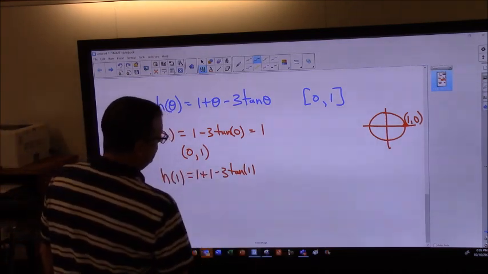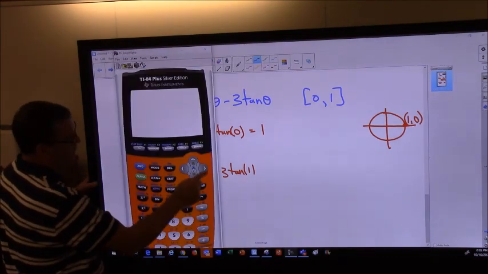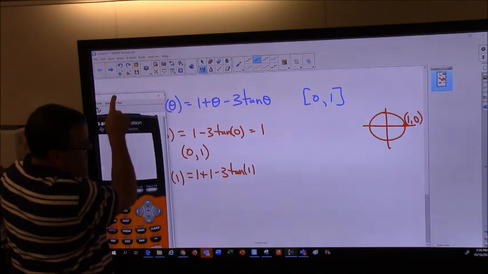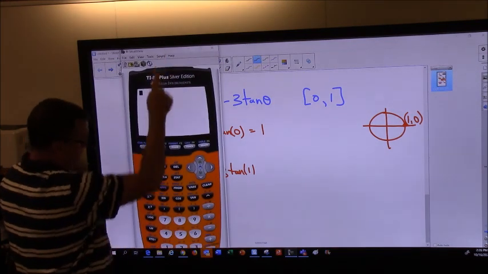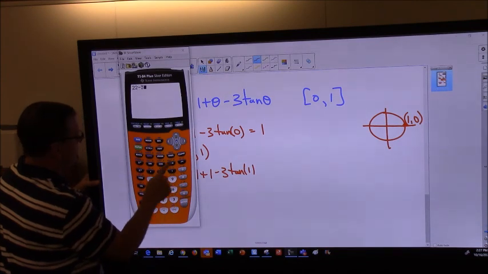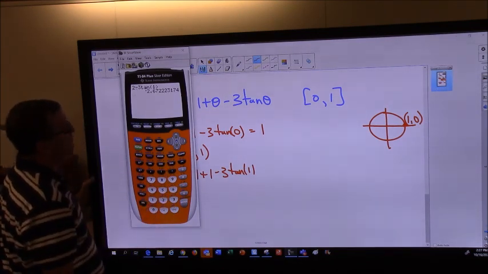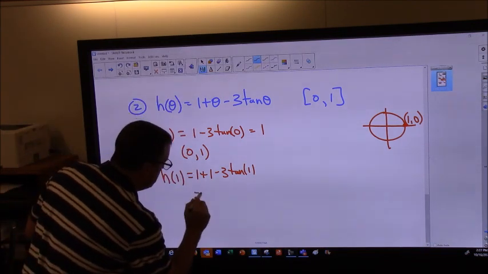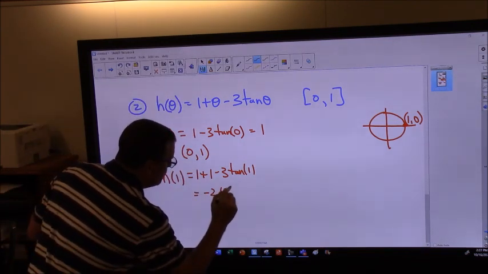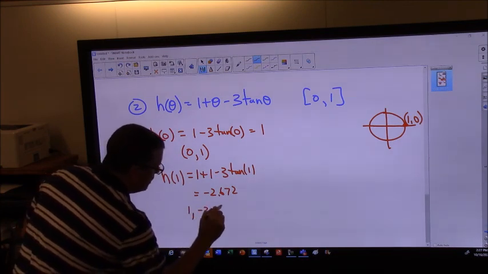So let's go to a calculator real quick and figure it out. All right, so I want 2 minus 3 tangent 1. And there's what I get, a negative 2.672. So I got the point 1 comma negative 2.672.